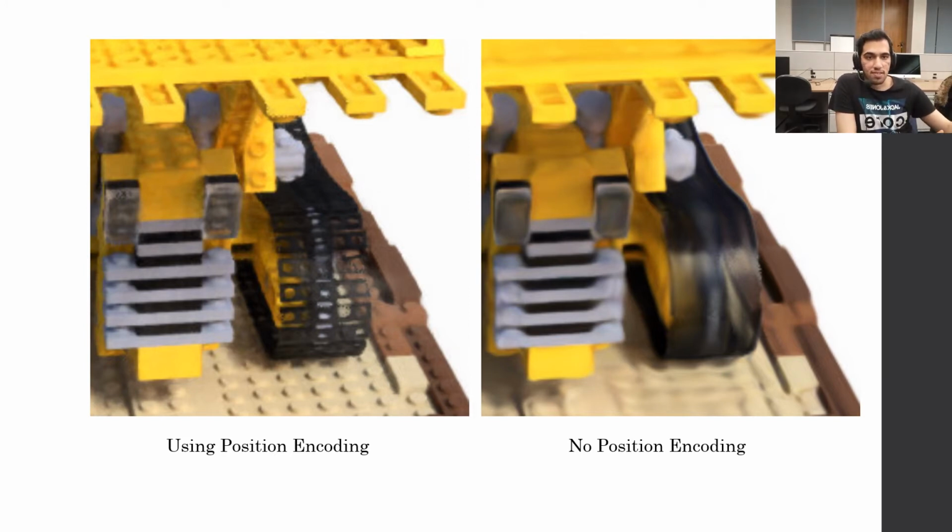It's pretty obvious that it's not able to completely show the details of the part of the truck. However, if we use the position encoding, since we know much more about the frequency representation of those data points, we are better able to reconstruct the entire thing. As you can see in this case, if you haven't noticed.